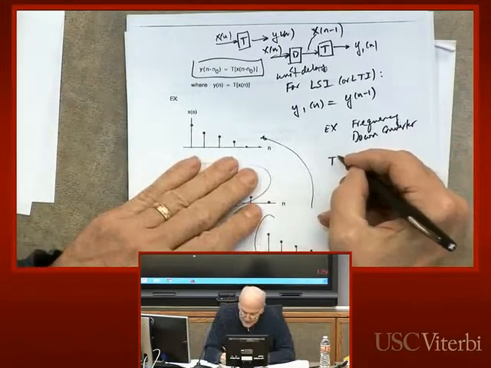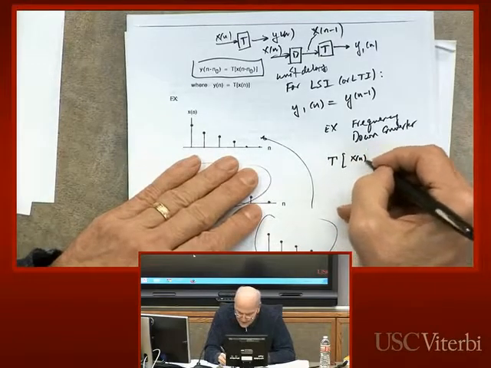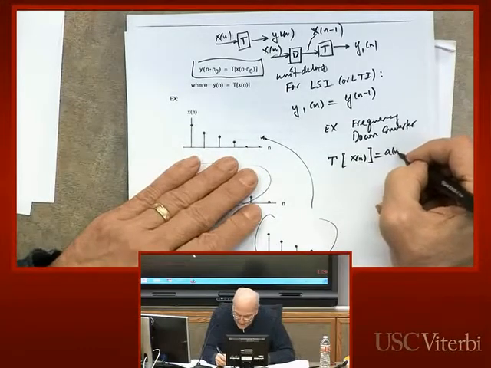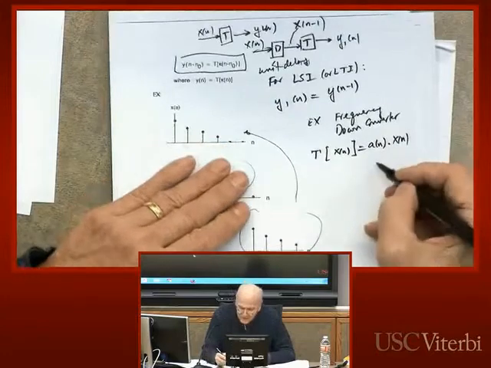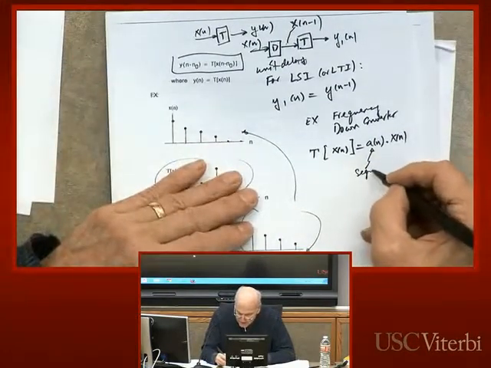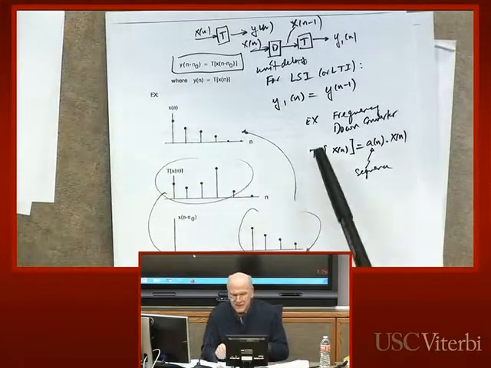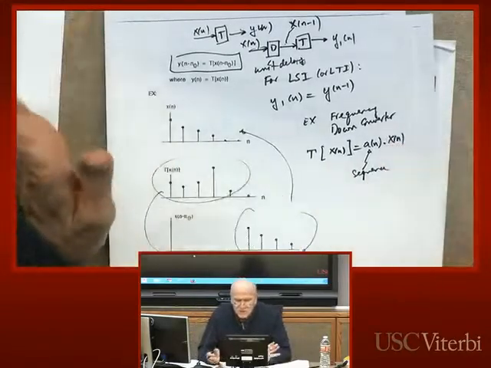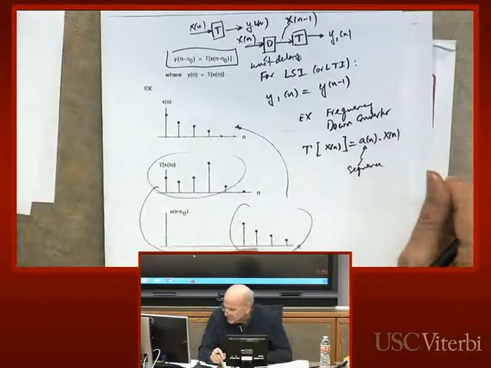T of x of n, in this case, would equal a of n times x of n, where a of n is another sequence. So you're taking x of n and simply multiplying it by some sequence we will call a of n to produce your output, a of n times x of n.